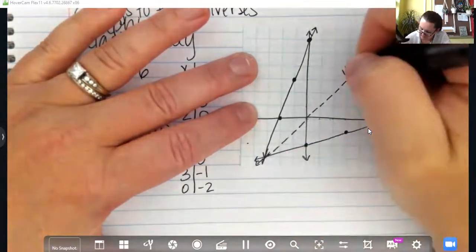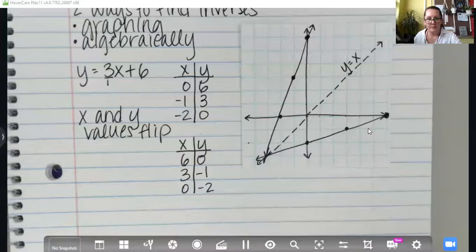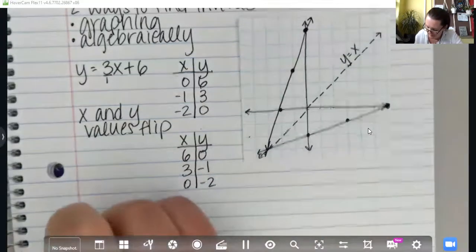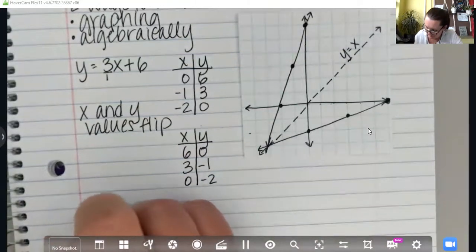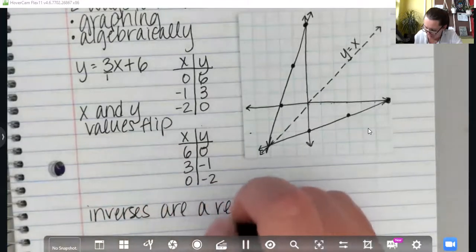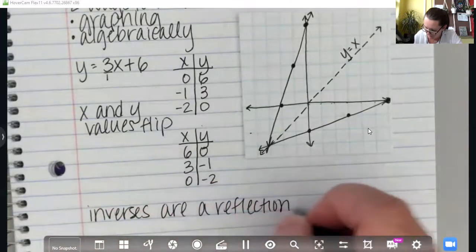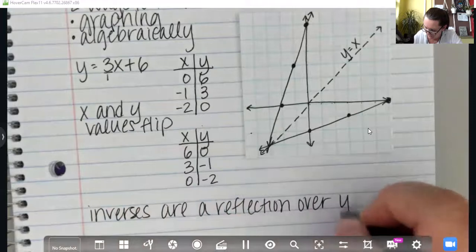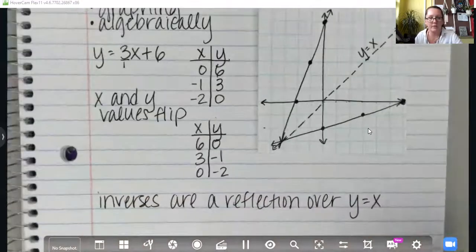So this line is y equals x. So we're going to say inverses are a reflection over y equals x. So very important there.